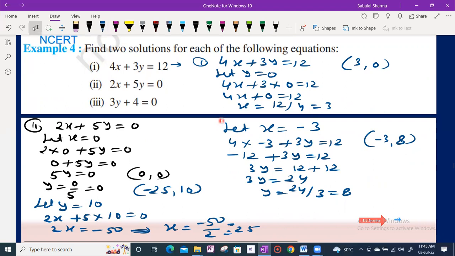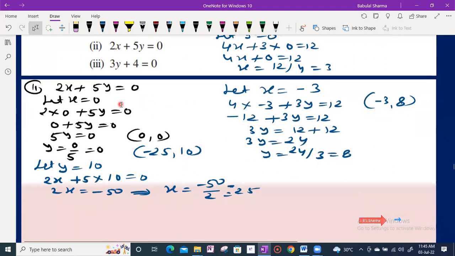And now the third part is 3x plus y is equal to 4. So I'll have to remove this.